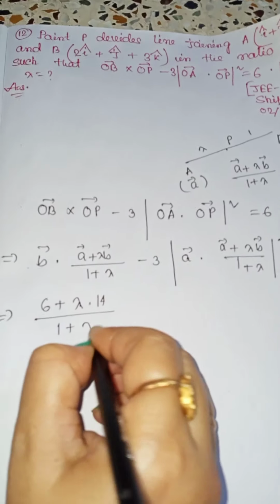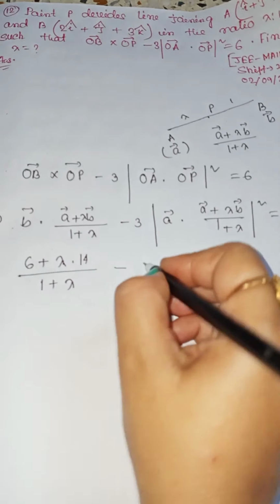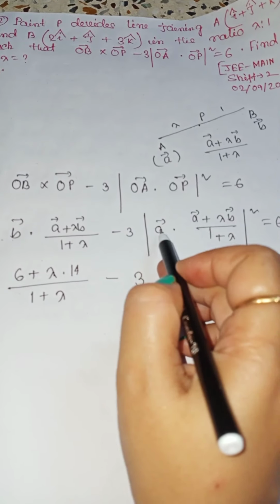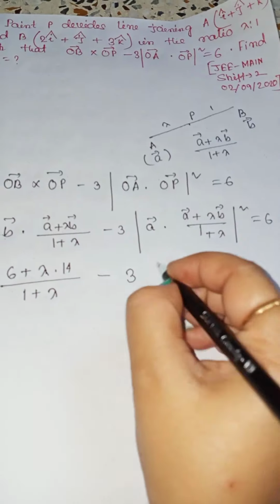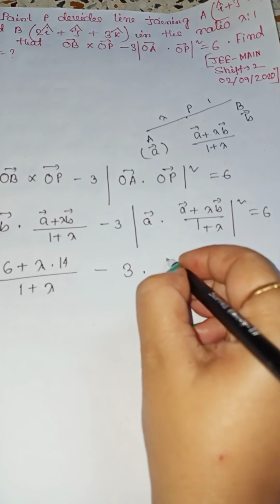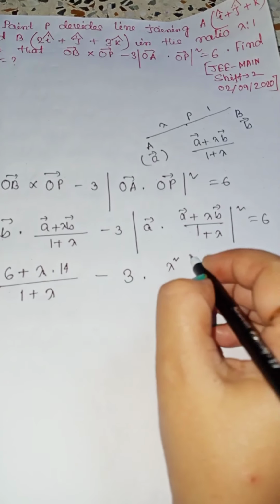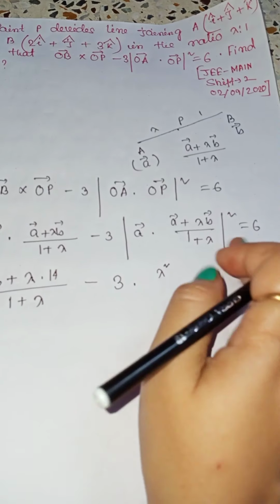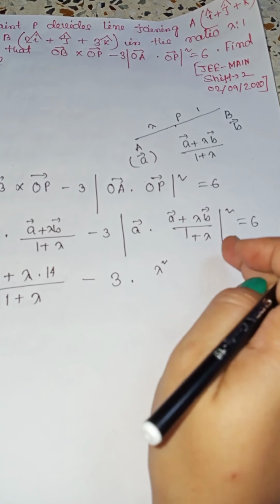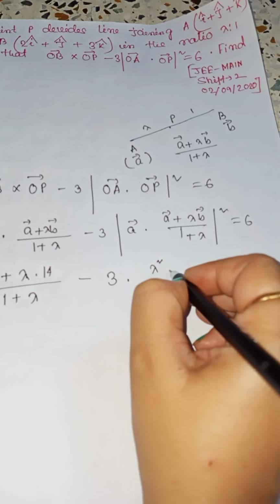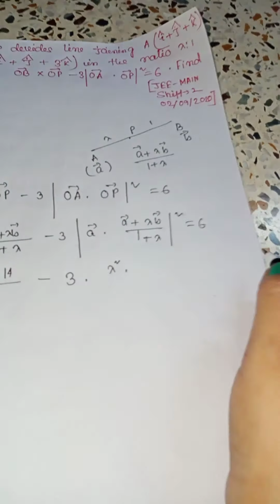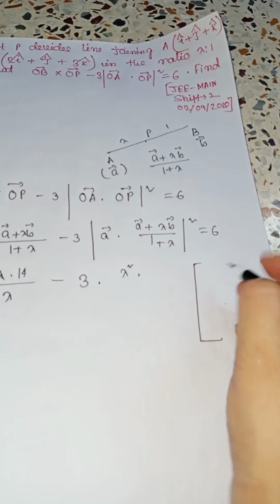Divided by 1 plus lambda, minus 3, and A cross A is equal to 0, and it becomes lambda square. When we take the modulus, it becomes lambda square into A cross B. So what is A cross B?